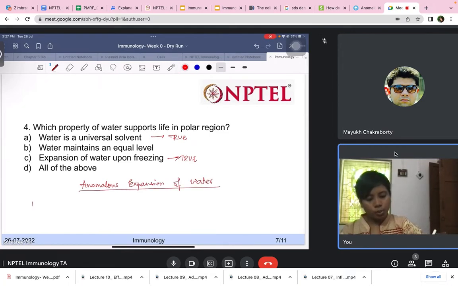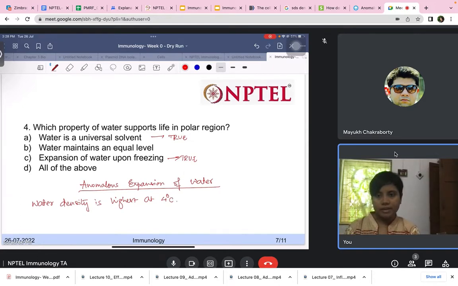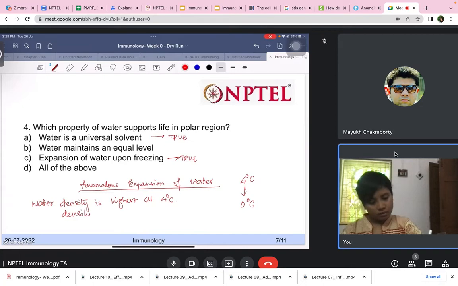We know that the density of water is highest at 4 degrees centigrade, and when the water freezes, its temperature is 0 degrees centigrade, right? So when water goes down from 4 degrees C to 0 degrees C, it becomes less dense. So density decreases when it goes from 4 degrees C to 0 degrees C.